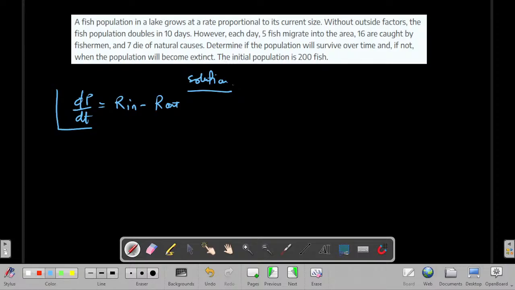Once you have this model down, we look for our parameters. How many fish come inside and how many fish go outside? So my dP/dt will be equal to, for my rate in: a fish population in the lake grows at a rate proportional to its current size. That is saying that the rate of growth of the fish is proportional to its current size.